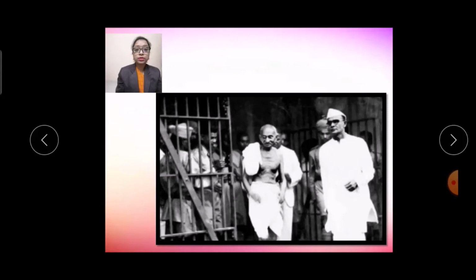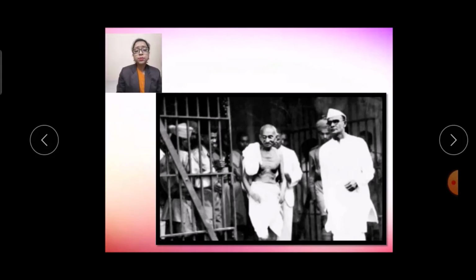The people in Chauri Chaura set fire to a police station, and due to this 22 policemen were killed. Because of this, Gandhiji considered this a failure of the movement and called it off.